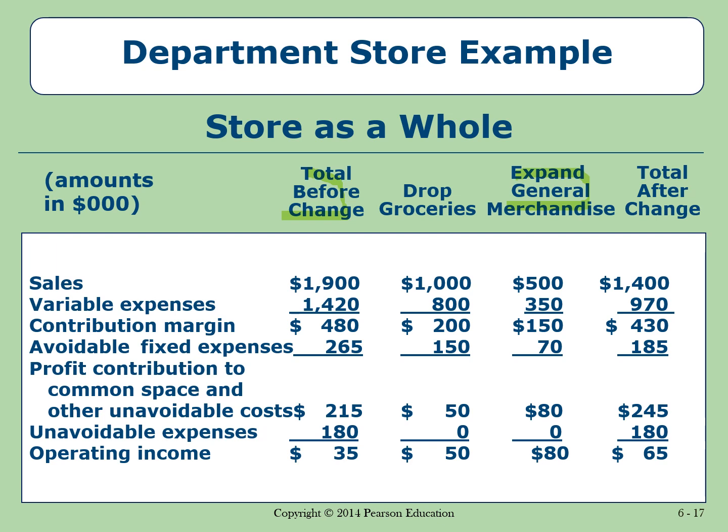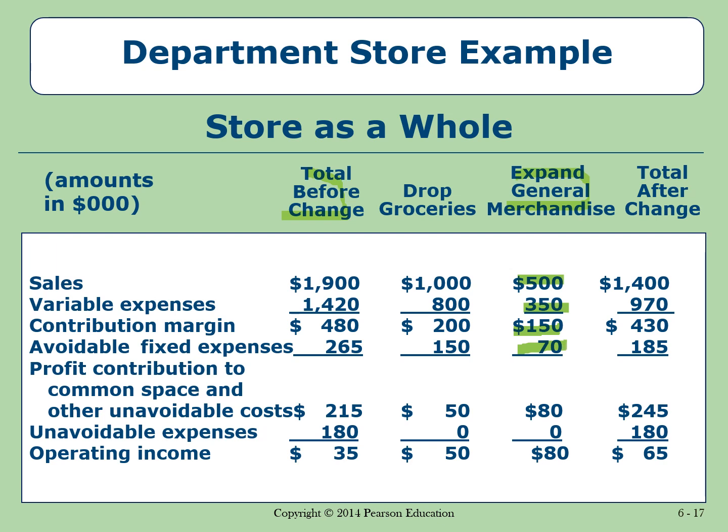We are only going to provide the new information related to this part, which means increasing sales by 500, and the 70% variable cost is going to be 350, and then the contribution margin will be 150, and then the avoidable fixed cost as provided in the case is 70.